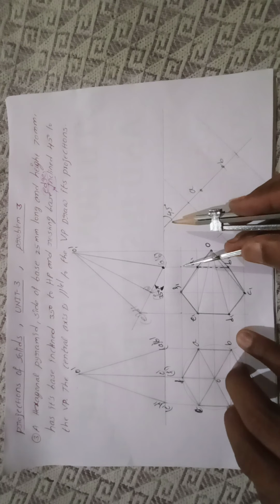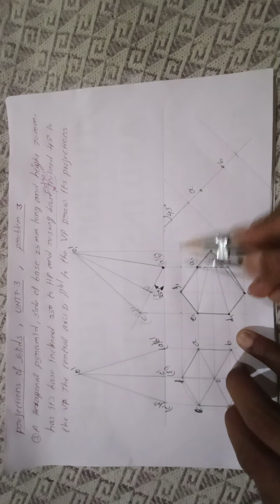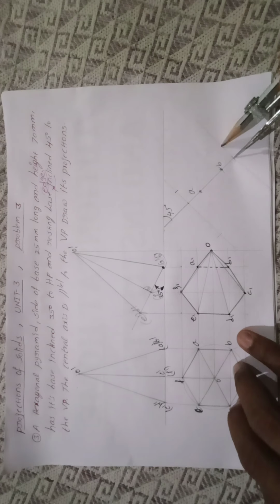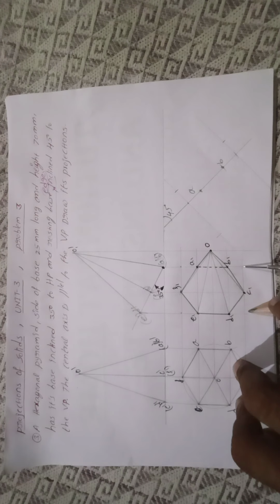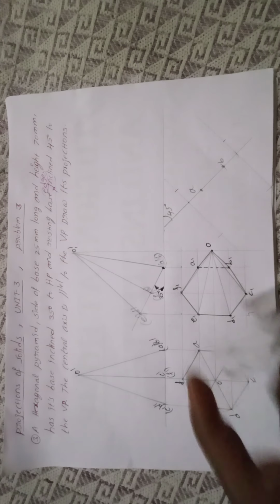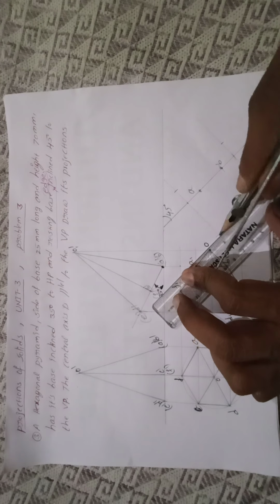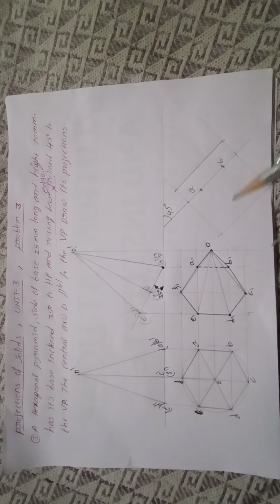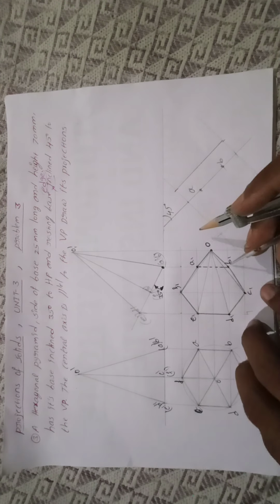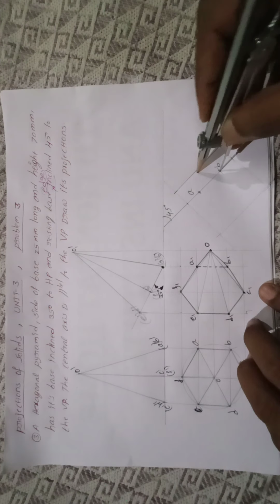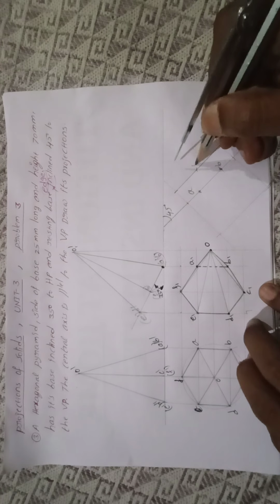Like this, shift the rectangle box first. In this rectangle box you indicate all the points. So B to O, here you will get O2.